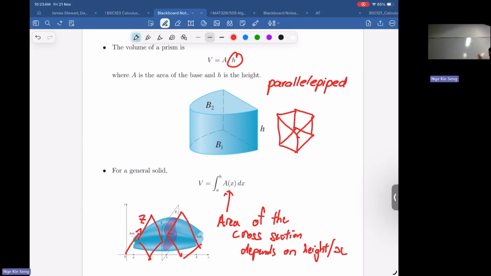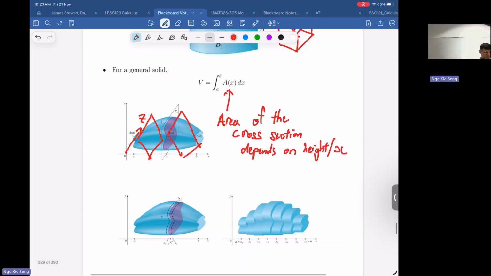Because at every x, this cross section could change. Previously, the cross section remained constant in the same shape, but we can do it for a different shape. This is the integral. So this is the picture here.